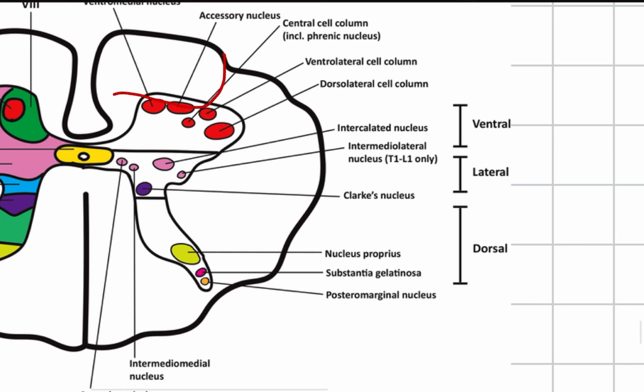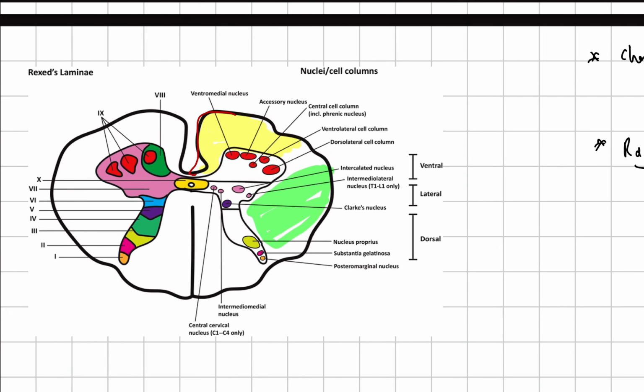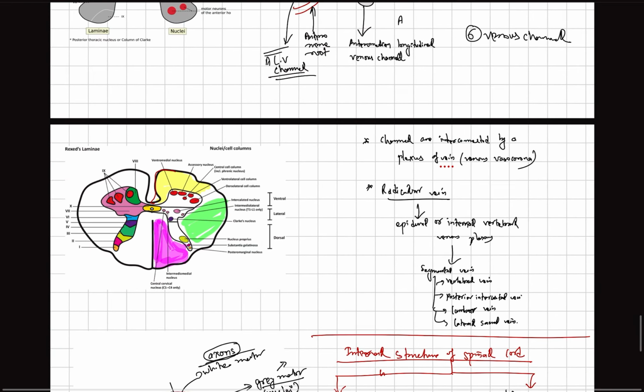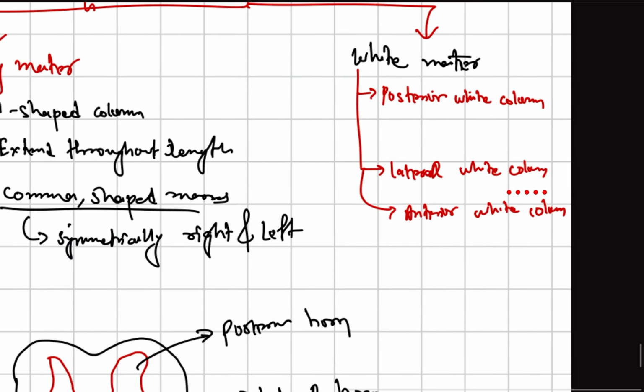This is the posterior, this is the lateral, and this is the anterior white column. Understand?